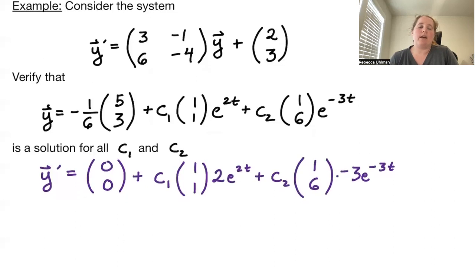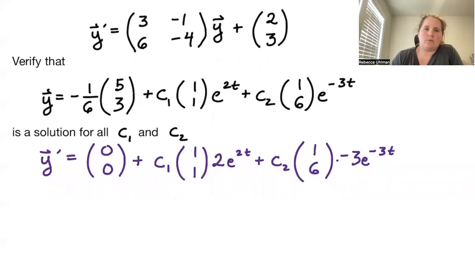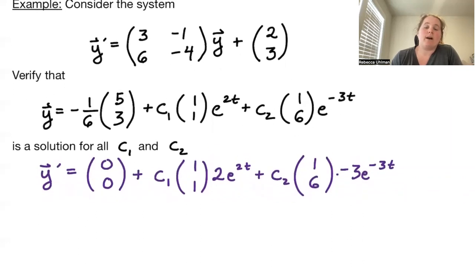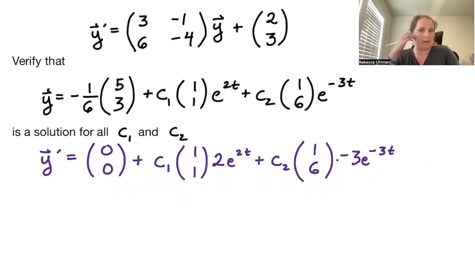And then let's see what happens if we multiply y by the original coefficient matrix and then add 2, 3.